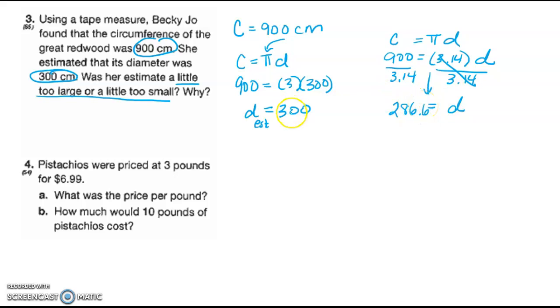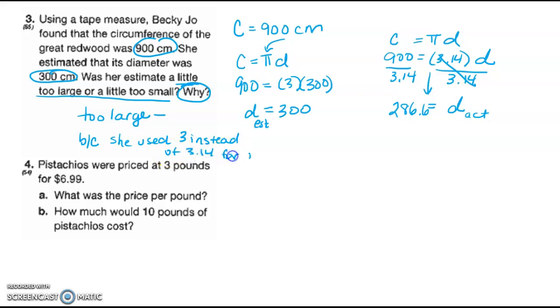So the actual diameter is this is my actual. And this is my estimate. So the estimate was a little too large. And you can say this was for any number of reasons. Because she used 3 instead of 3.14 for pi. That works. Okay, I just wanted to change the color.